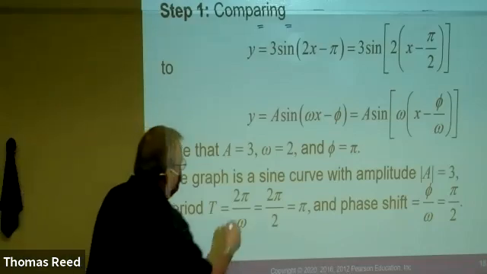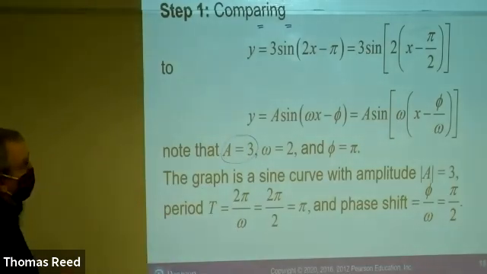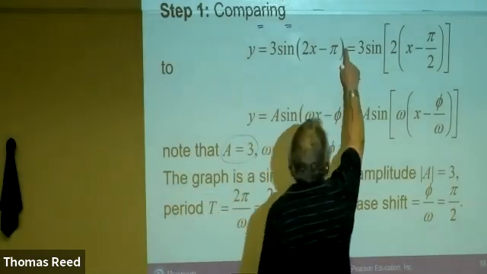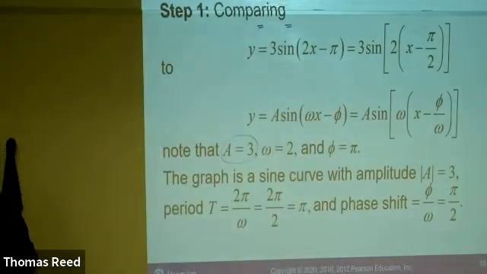The A tells us the highest and lowest. Since there's nothing being added here at the end, that means our range isn't going to change beyond the vertical stretch.